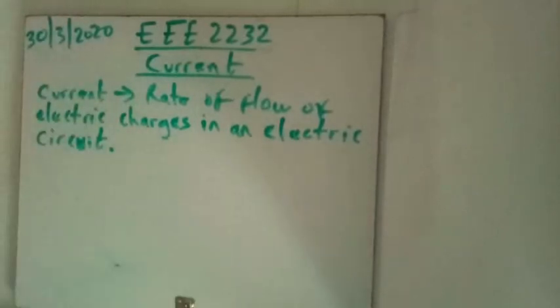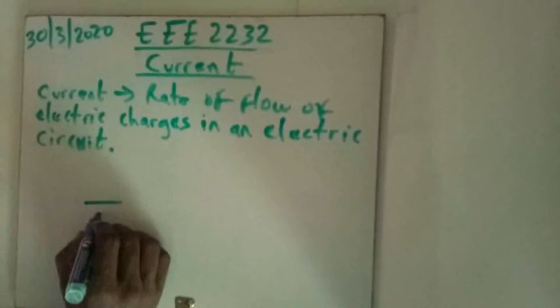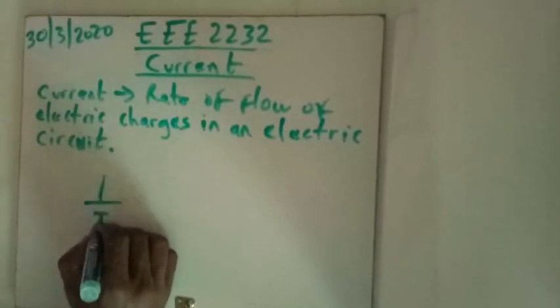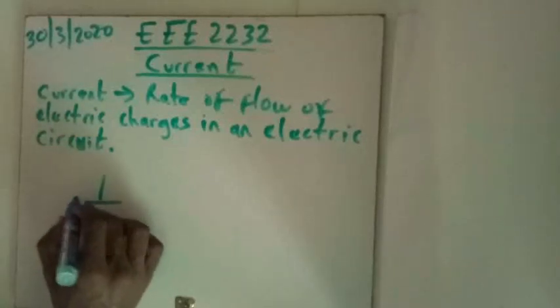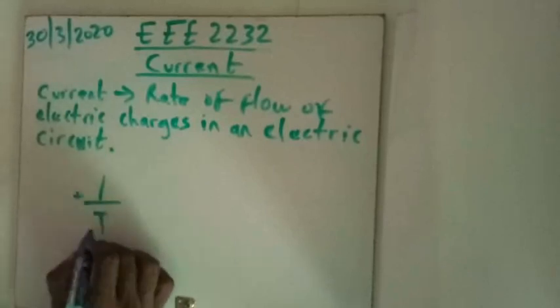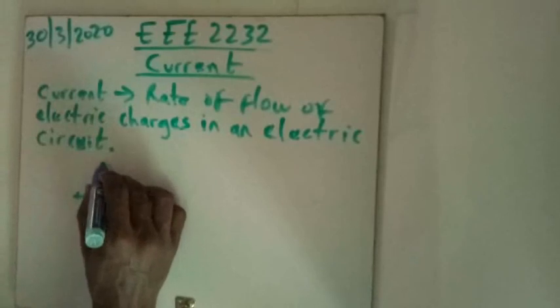So for example, if you have a voltage source, the symbol for a DC voltage source is like this: the positive terminal you use with the longer dash, and the negative terminal with a shorter dash. Then you draw the circuit this way.